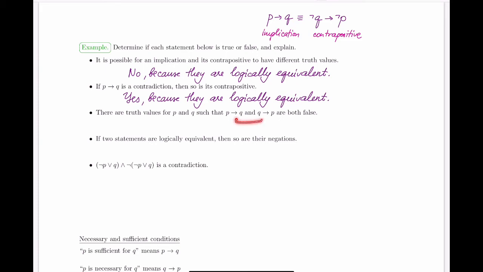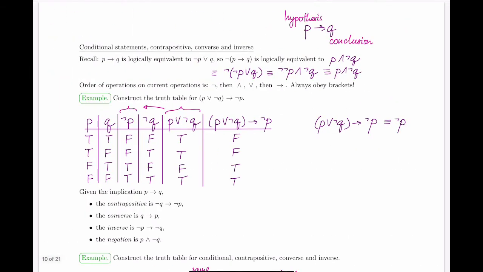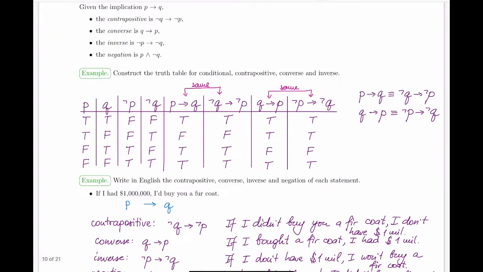Since these statements are not logically equivalent, it's not going to be a quick yes or no. How do we determine if there are any truth values such that something holds? We look at the truth table. And luckily, we actually have a truth table containing both of these statements, P implies Q and Q implies P, right on the previous page.